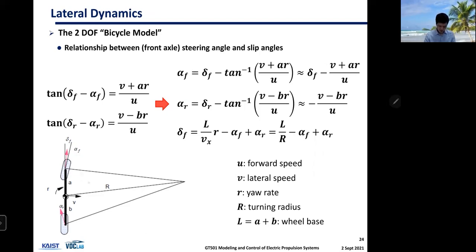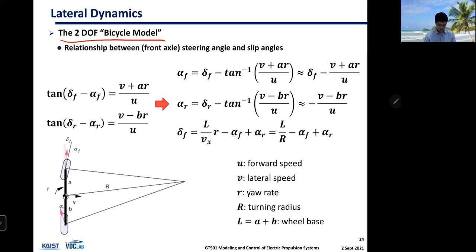When we have a vehicle, by the way, this is often called the bicycle model, or 2 degrees of freedom bicycle model, because there's a velocity vector, translational motion, and then rotational motion. This is a top view, bird's eye view, 2D model.